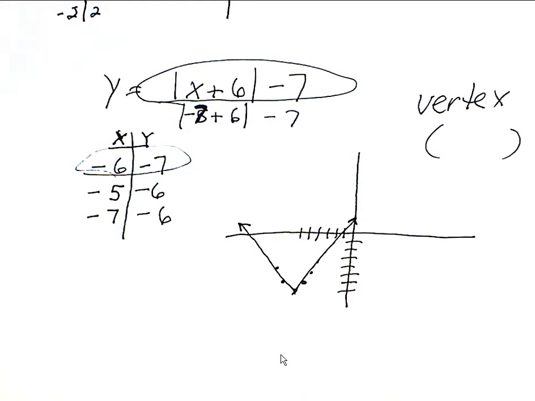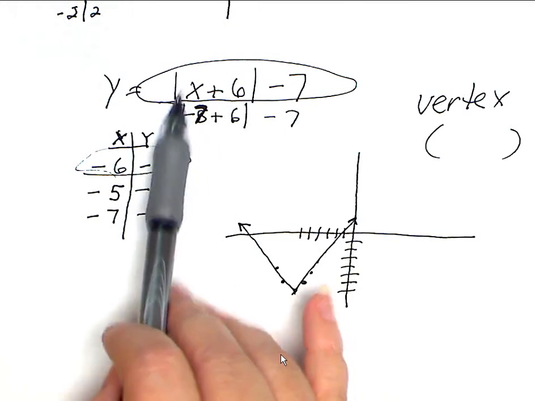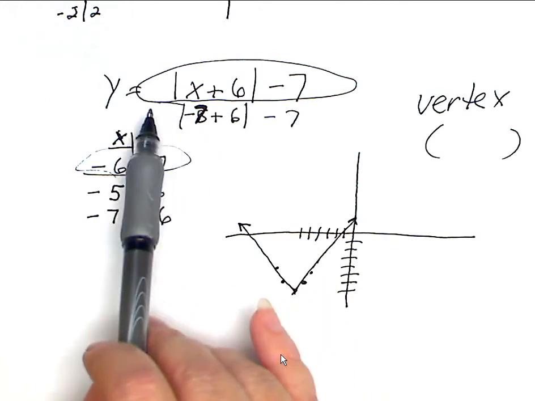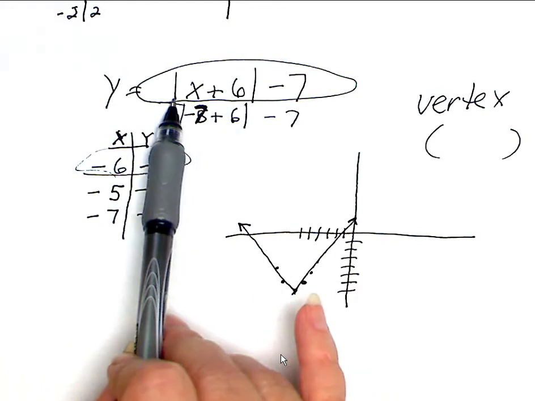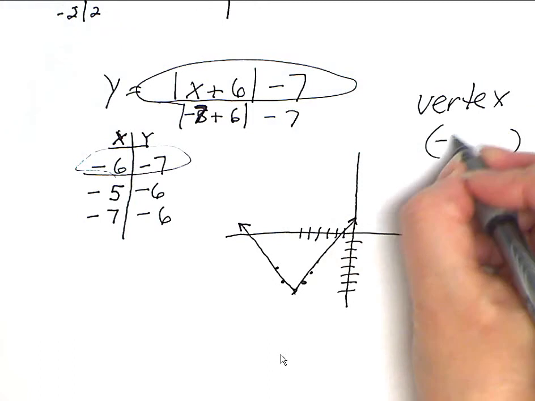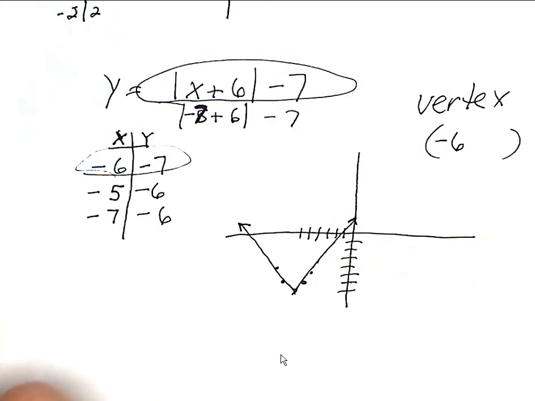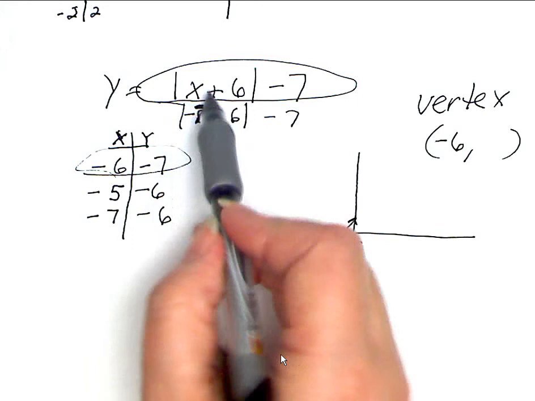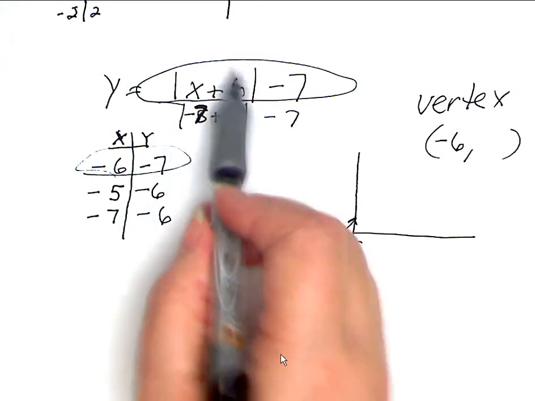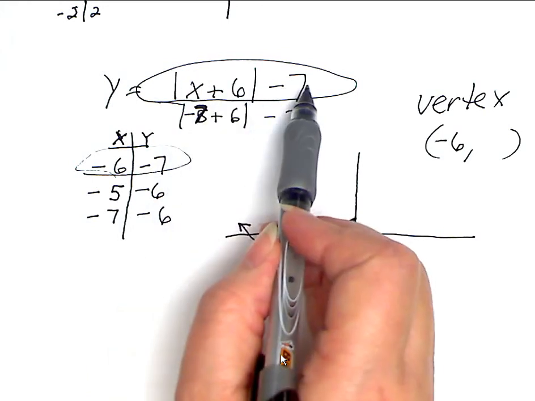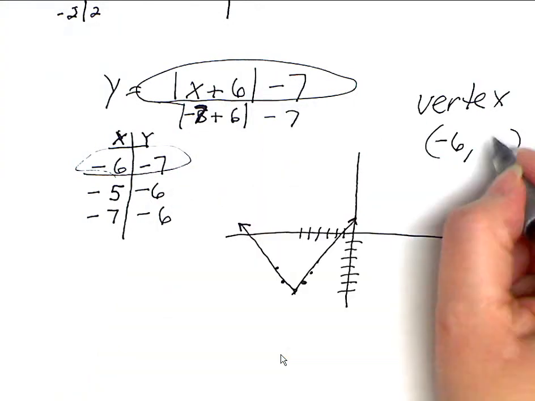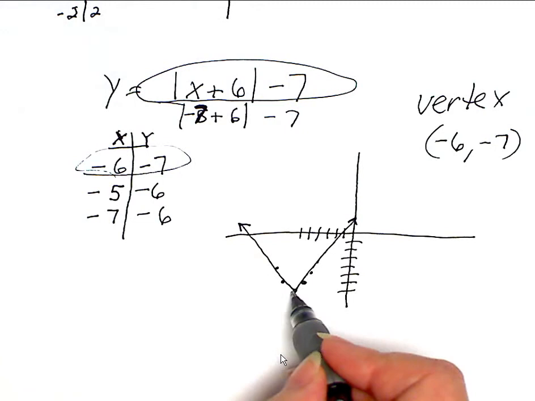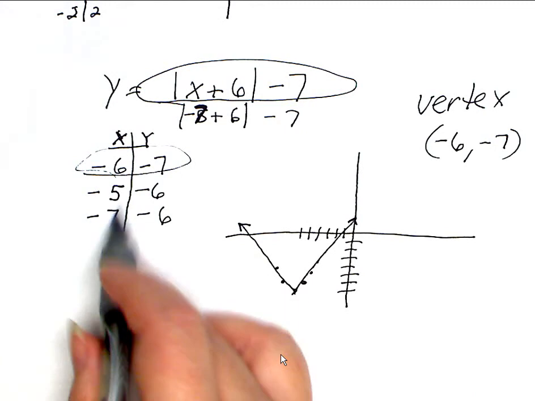The first thing you do is you look at your absolute value and you say, what makes the absolute value 0? So what would make my absolute value 0? Negative 6. So that's my x. After you make that 0, if you have 0 minus 7, your answer then is your y value. So 0 minus 7 is my negative 7. So since I knew where the vertex was, that's how I knew what numbers to pick after that.